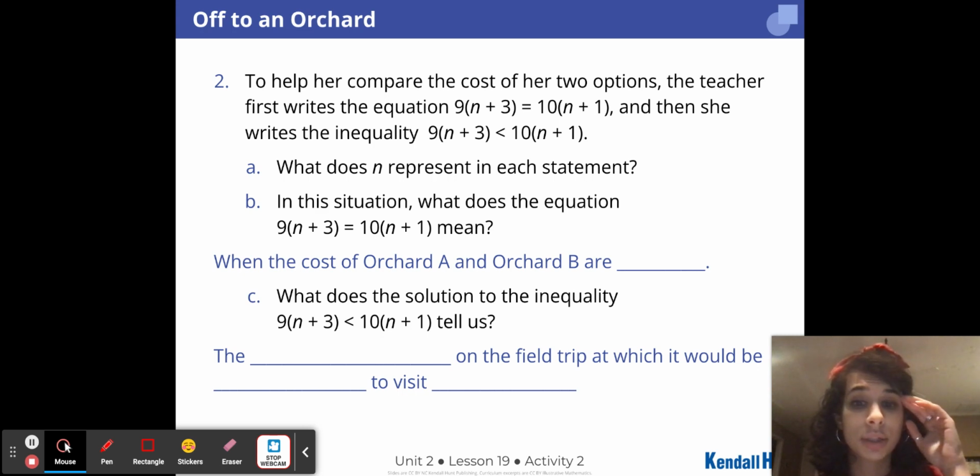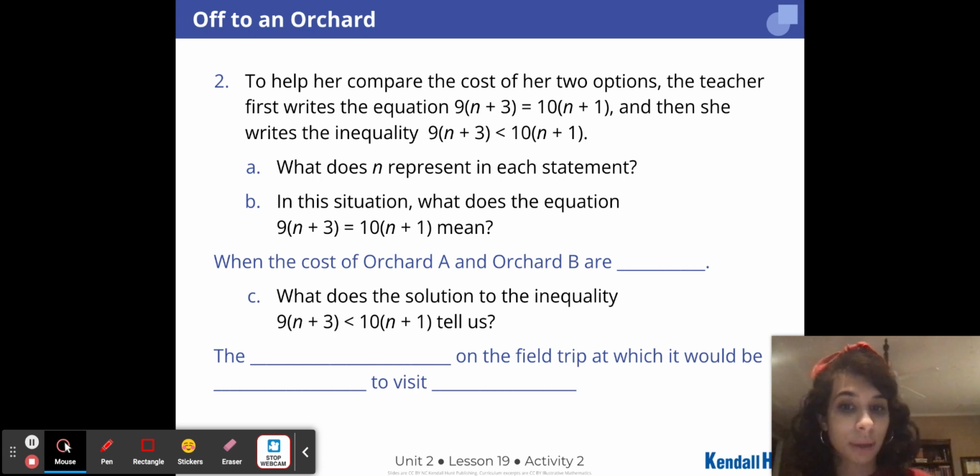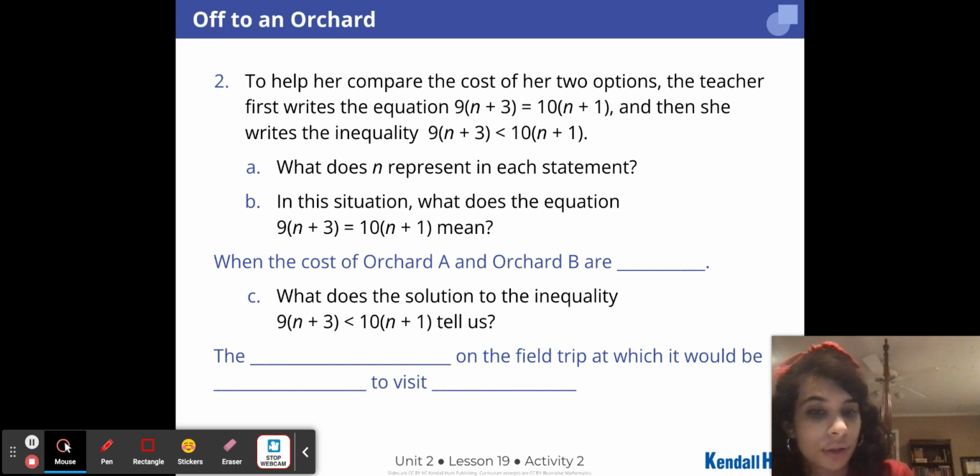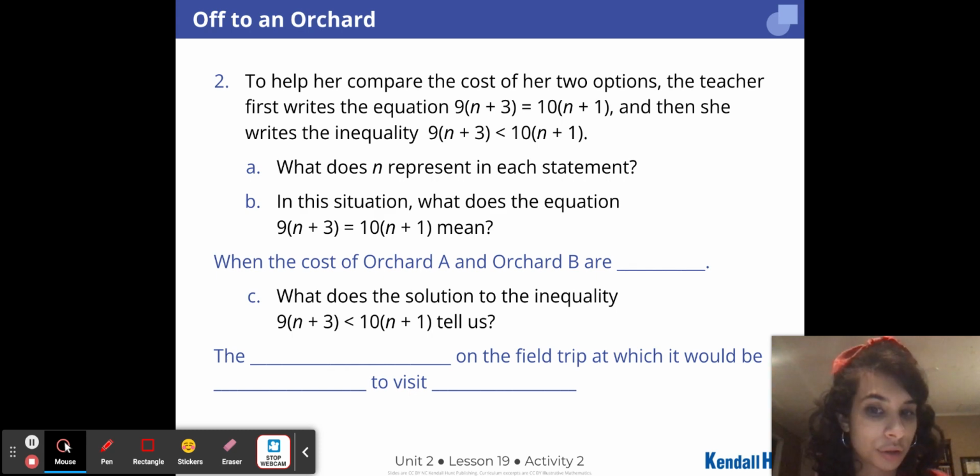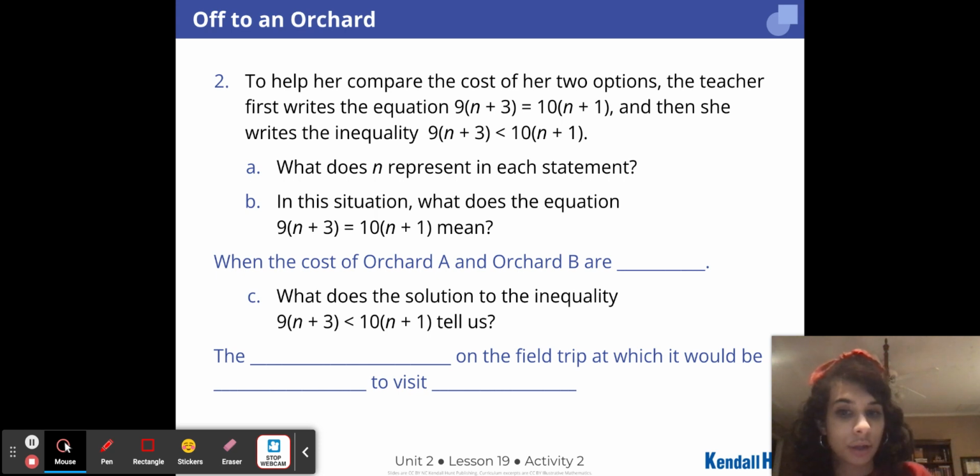What does the solution to the inequality 9n plus 3 is less than 10n plus 1 tell us? What does n represent here? Thinking back to what you answered for the first question, it represents what on the field trip, and at which n it would be cheaper to visit Orchard A or Orchard B. So you want to tell me what n is.